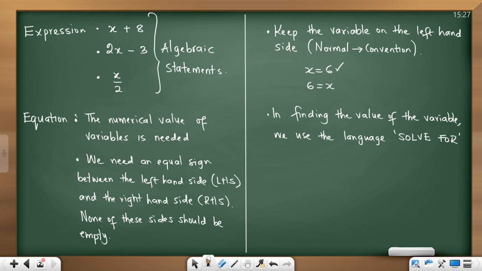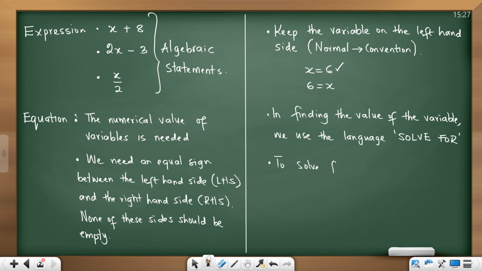Under an expression, I cannot say solve because there's no left hand side and there's no right hand side. But when it comes to an equation, we have a left hand side and a right hand side. So we will be solving for. That is, looking for the value. It's quite simple, but we need our foundation to be very solid. We're going to do just one of the steps today. In finding the value of the variable, we use the language solve for.